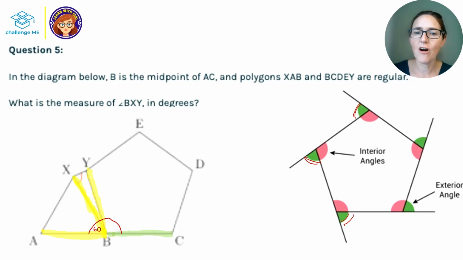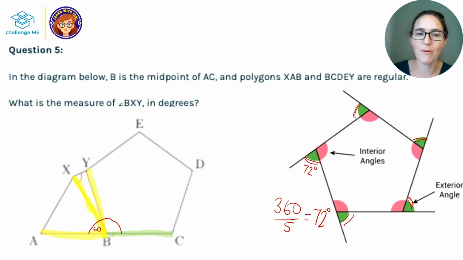So if you've got 5 exterior angles making 360, then the exterior angle will be 360 divided by 5, which is double 36, which is 72. So the exterior angle is 72, and you can use that rule to work out the interior angle as 108.